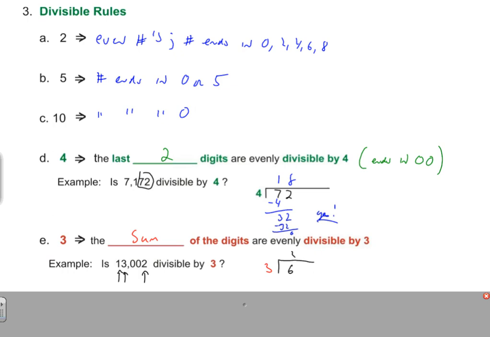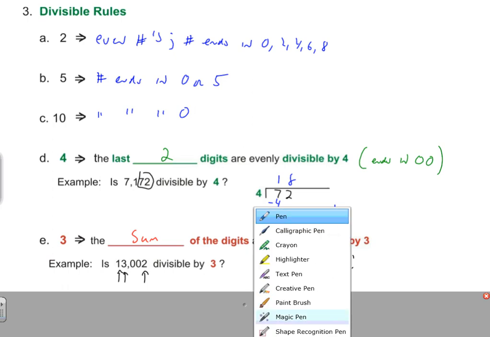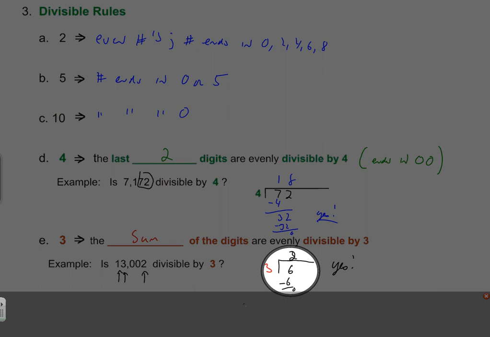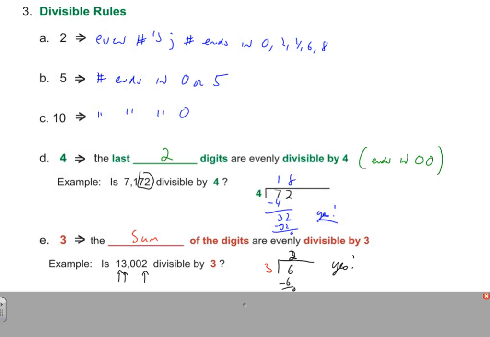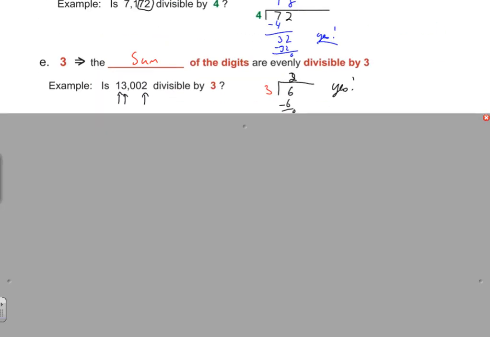Oh, yeah. 3 evenly divides into 6, and so that would be a yes. And again, I'm looking for you to show me this division, dividing the 3 into the sum of the digits.